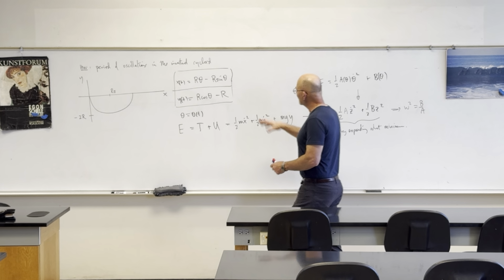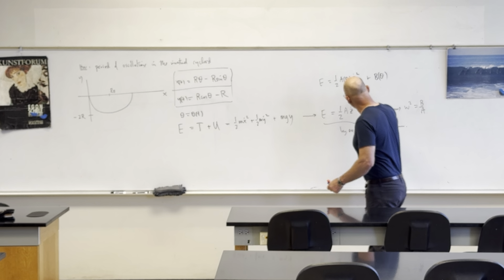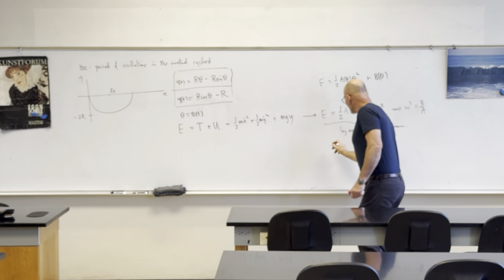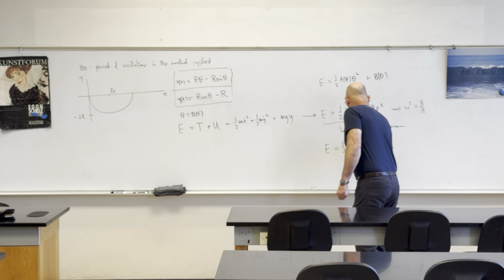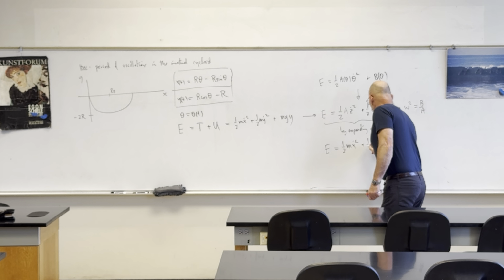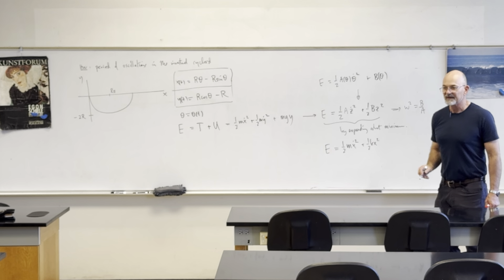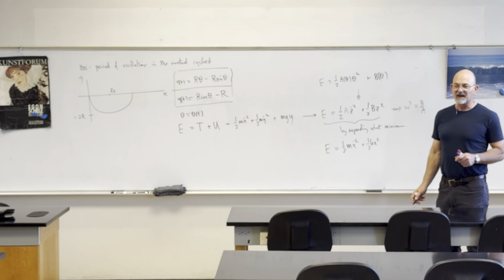The point is, you do all these steps and you're trying to go for this standard form, because remember, E equals 1/2 M x dot squared plus 1/2 k x squared. Do you recognize that? That's the energy of your harmonic oscillator.